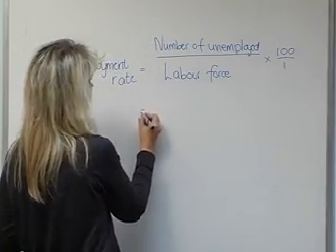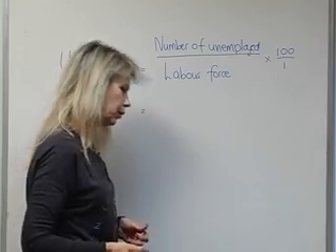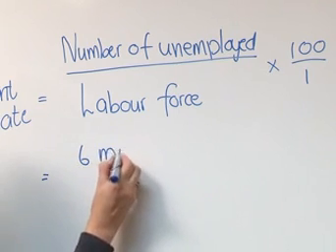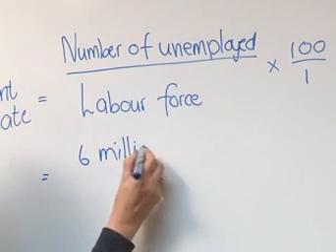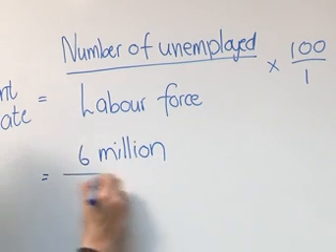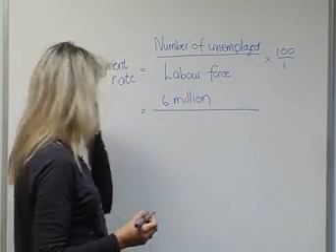Now, it's easy to find the number of unemployed because that is provided in the question. It is 6 million. There are 6 million unemployed persons in this economy. Now we have to decide what the size of the labor force is.